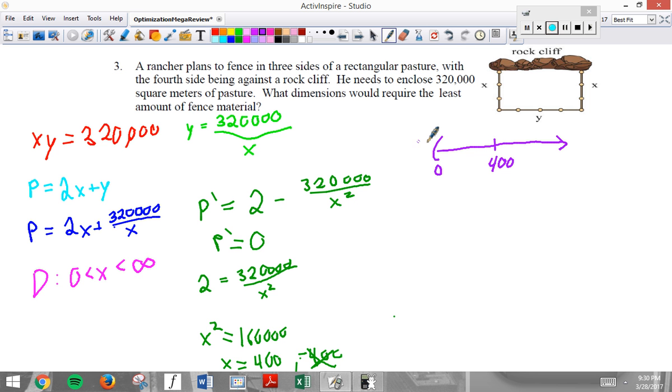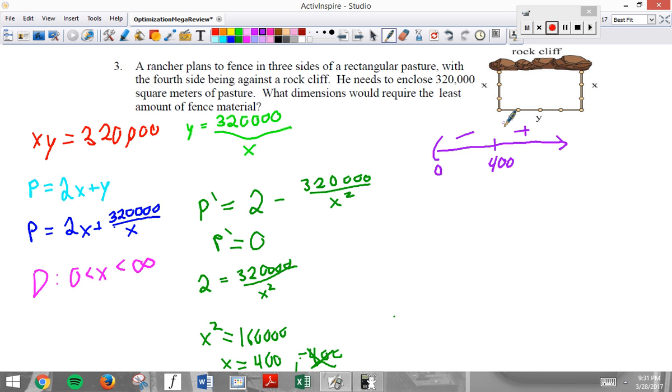Guess what we get to plug in? 1. It's going to be negative. After 400, it's hard to think about, but after 400 this hits a big number. We can plug in any value I want. I can plug in 1,000,000. 1,000,000 squared is definitely going to make this number a fraction. It's going to be positive.